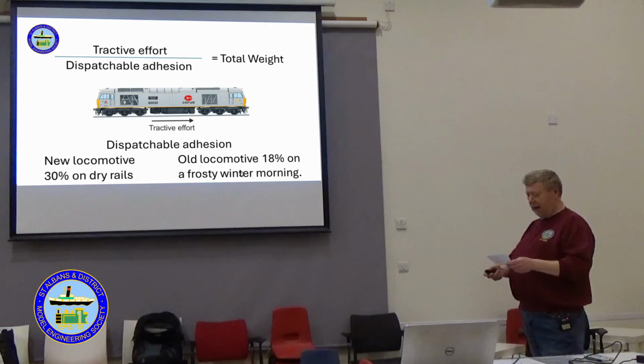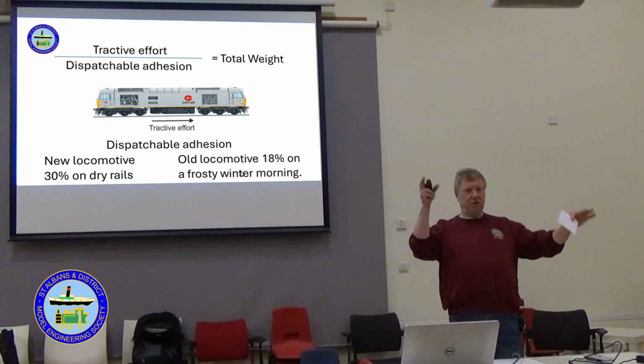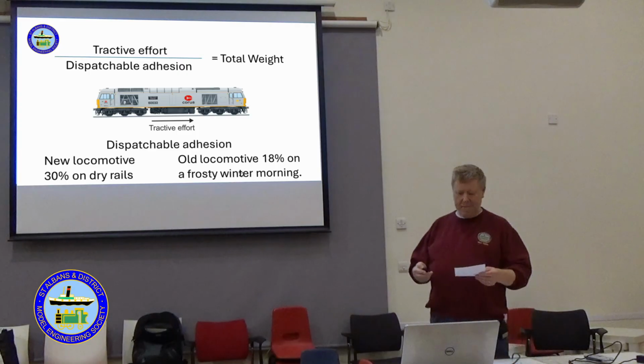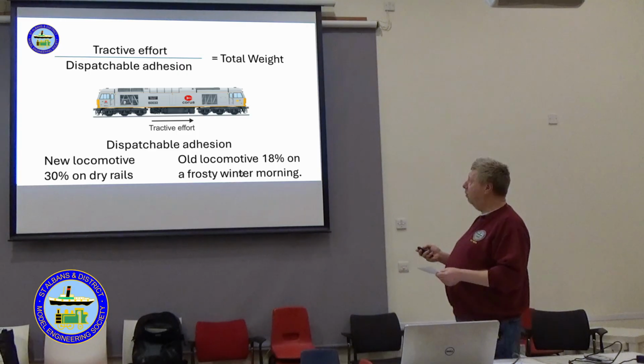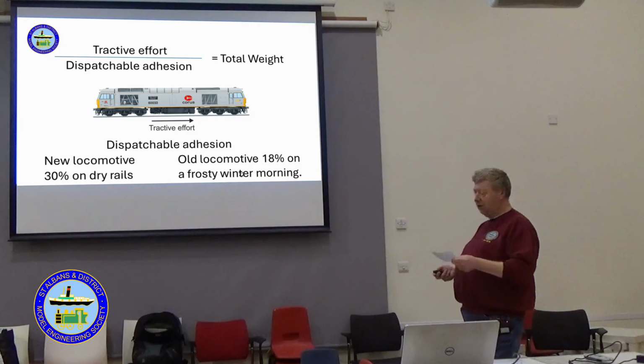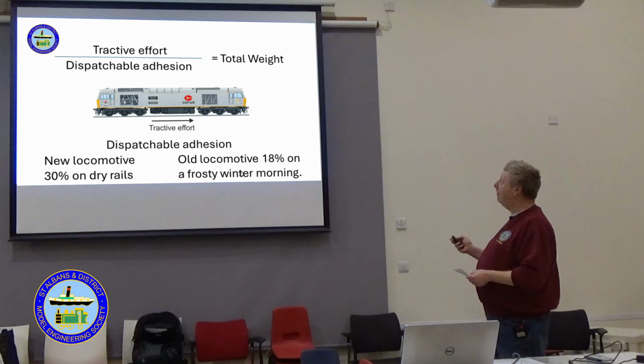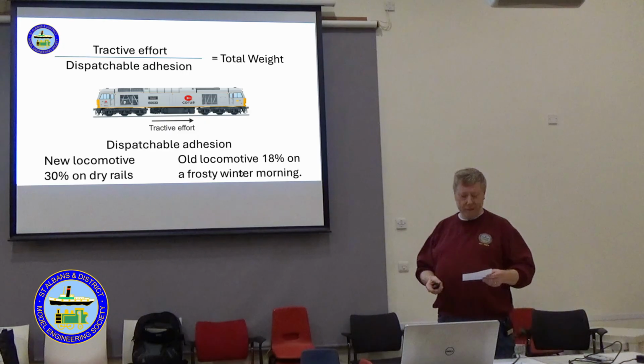Again, I'm going to get complicated here for you. If you take the steepest section of your track, the ruling gradient I said earlier, you take your highest force, which is tractive effort, and divide it by this thing called dispatchable adhesion, which I'll come to in a minute. That tells you how heavy the train needs to be.